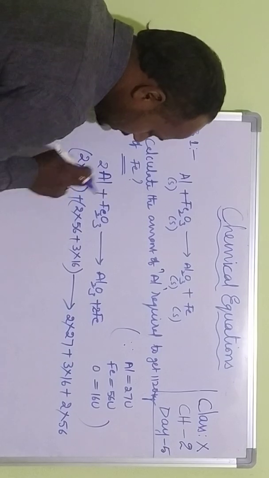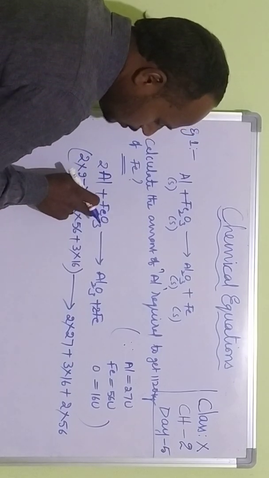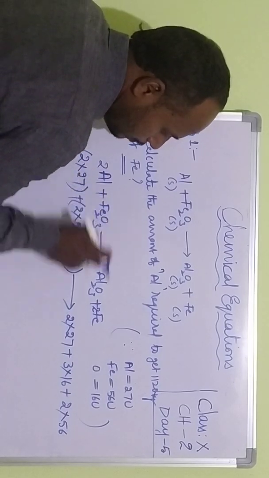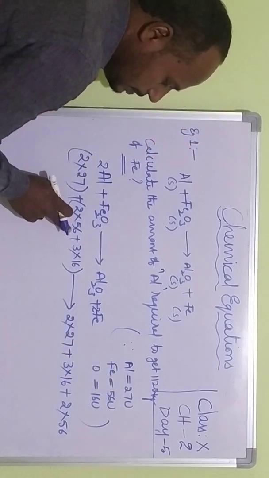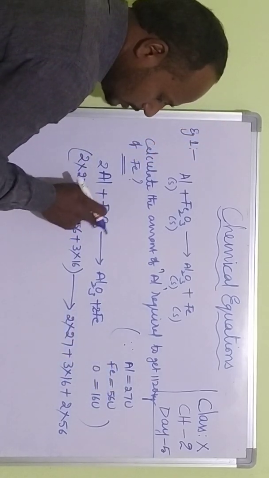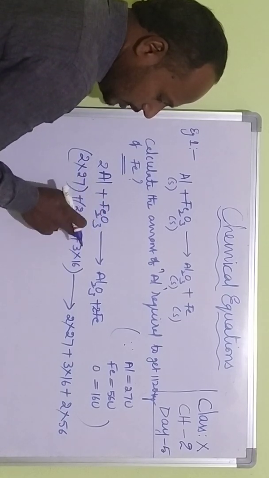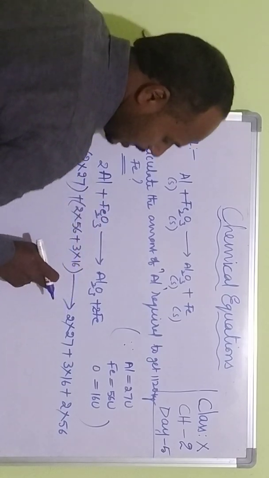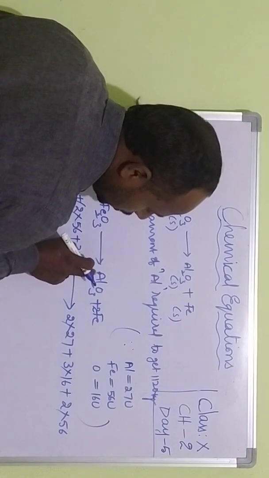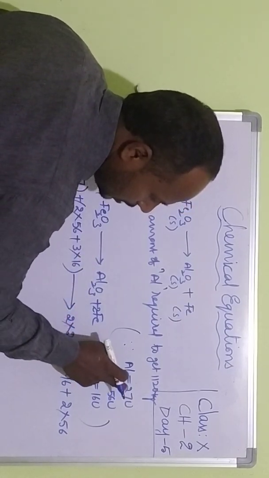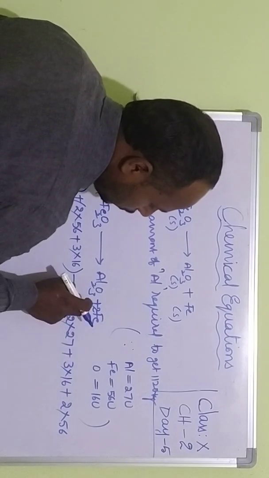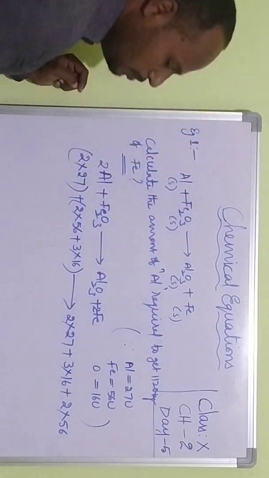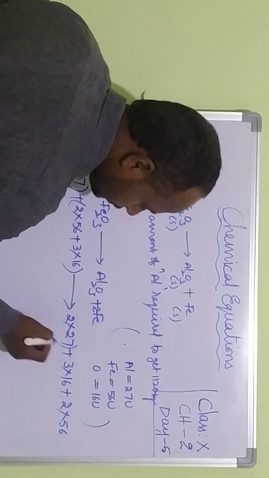Next, plus: how many irons? 2 irons, 2 into the atomic weight of iron, 56, given in the data. And plus 3 into oxygen 16. After the reaction, what did you get? 2 into aluminium, 2 into 27, and 3 into oxygen 16, then 2 into 56. Then you multiply, you will get the answer.